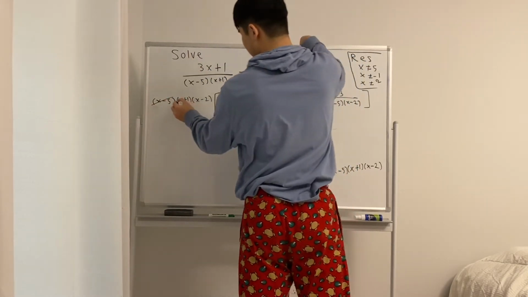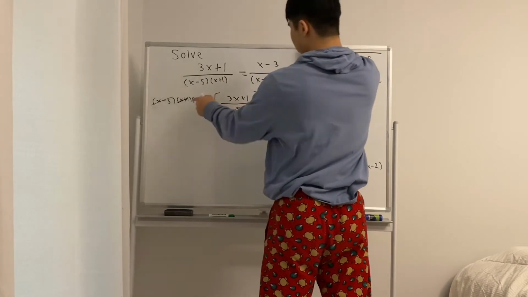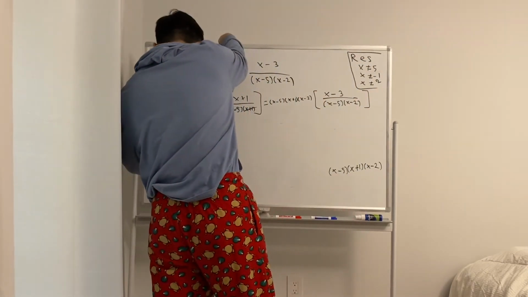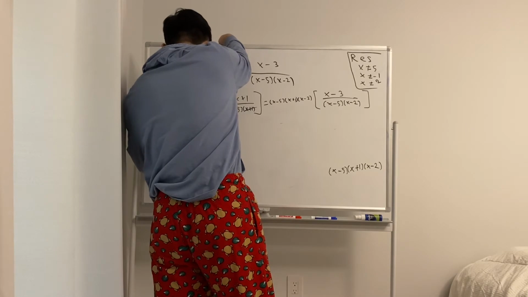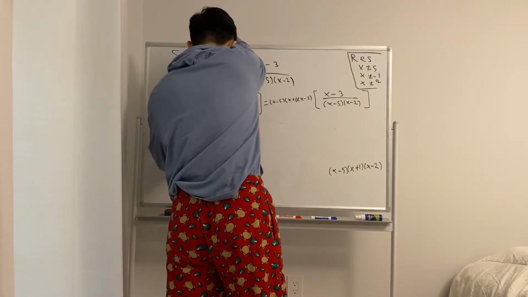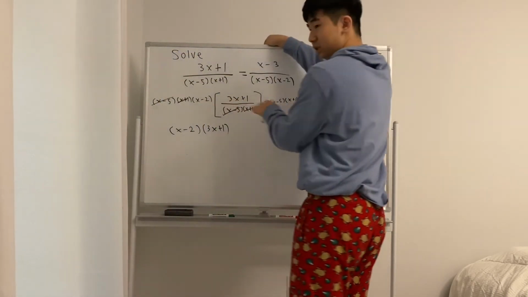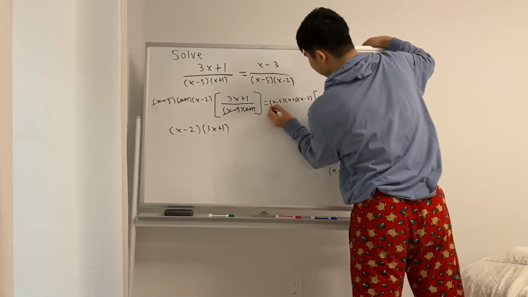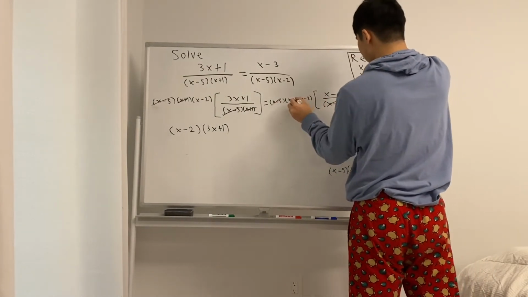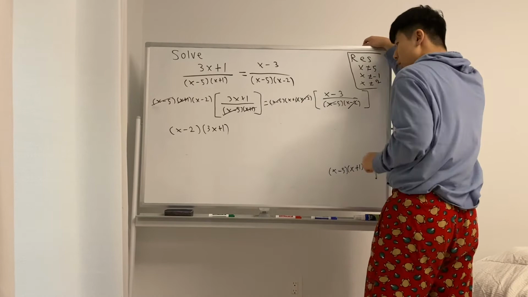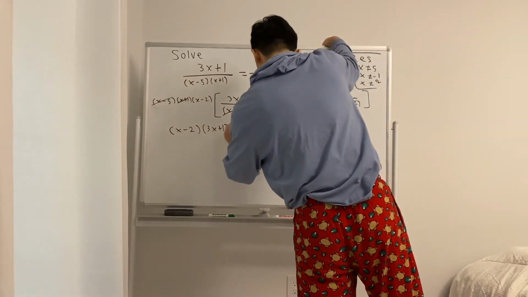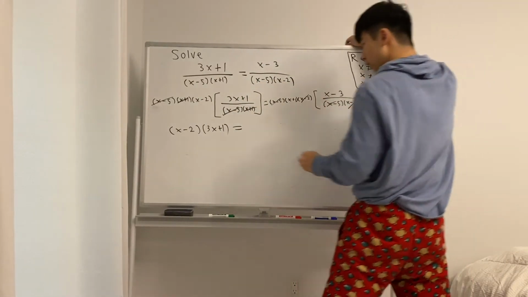We can cancel the x plus 1. And now we're just left with this equation up here, x minus 2 times 3x plus 1. So there you go, this times that. And now here we can cancel out the x minus 5 and the x minus 2. And now we're left with x plus 1 times x minus 3.